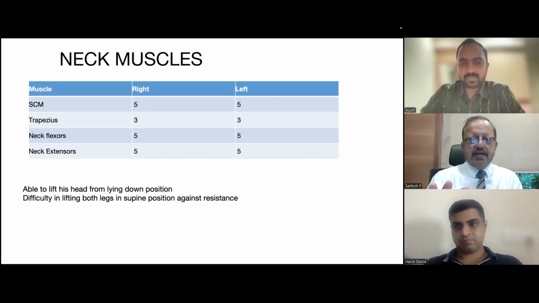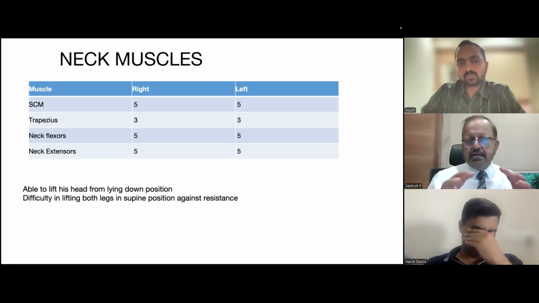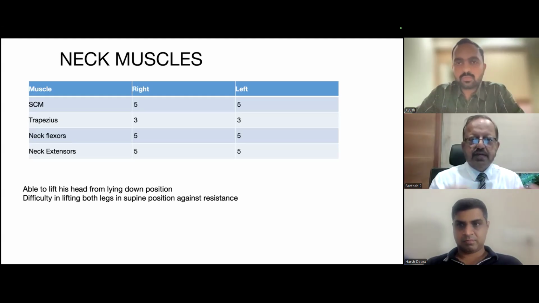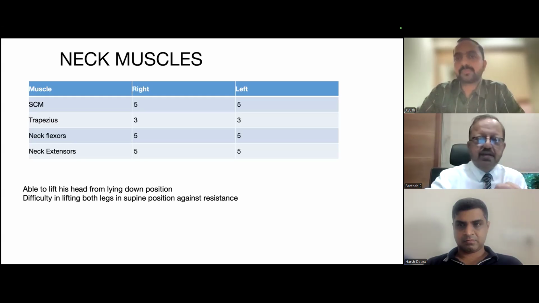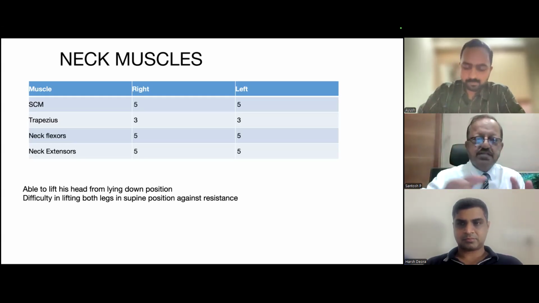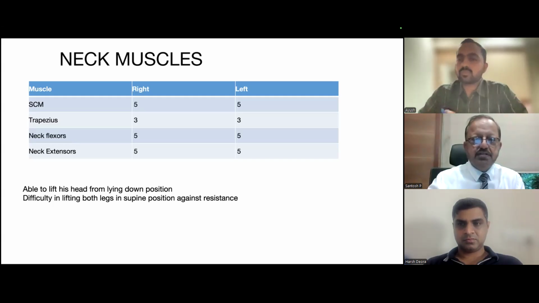Okay, go ahead. I would like to again emphasize here, Ayush, that with so many histories and so many small findings you are trying to elicit, you are confusing yourself. Right from the beginning, your thought process should be clear from your history, where the pathology is.